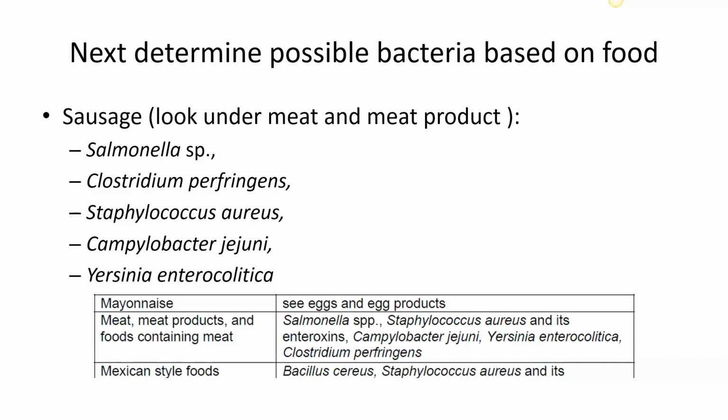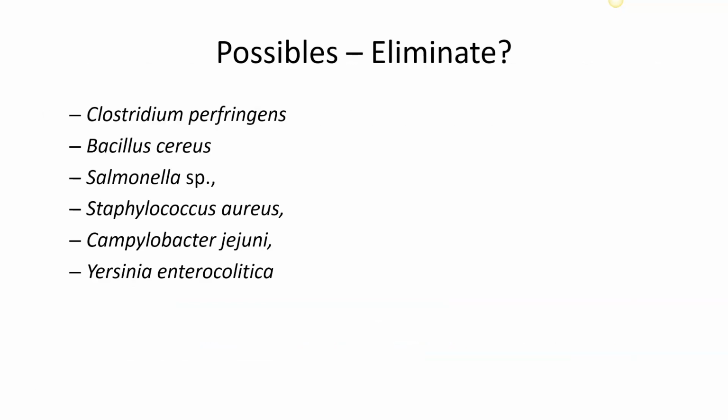We've got Salmonella, Clostridium perfringens, Staph aureus, Campylobacter, Yersinia enterocolitica. Those are the common things that you would find in sausage. What we then do is pull all of these together, and we could talk about Clostridium perfringens, Bacillus cereus, Salmonella, Staph, Campylobacter, Yersinia.